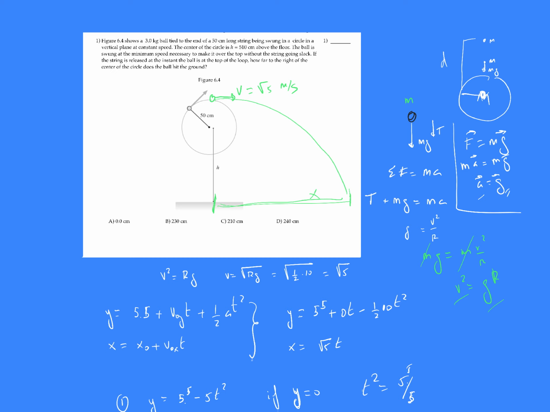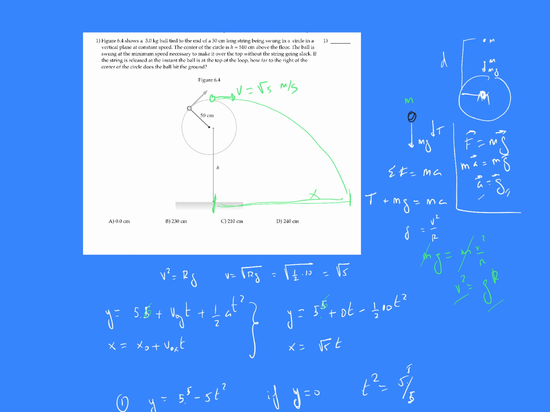So I made a mistake, here it is a 6. 5.6 meters is the initial height, plus initially it doesn't have any initial velocity, minus 1/2 g t squared. So this is the equation for the y.